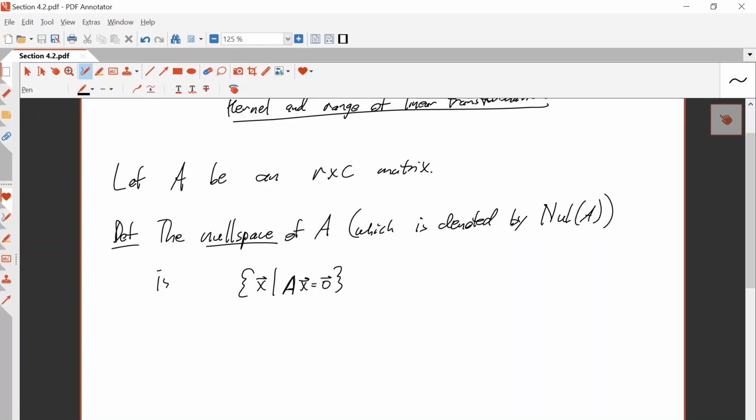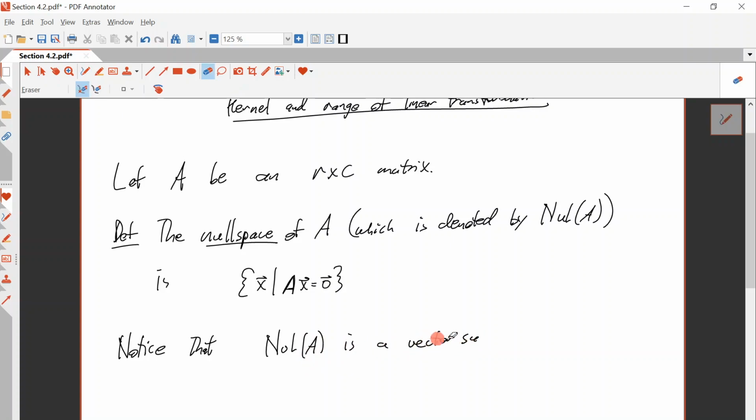Okay, so notice that null space of A is a subspace of vector space R^C, number of columns, right?